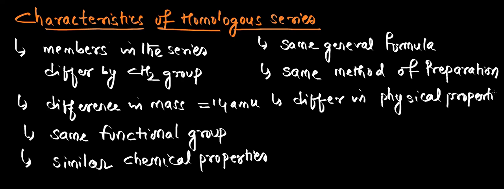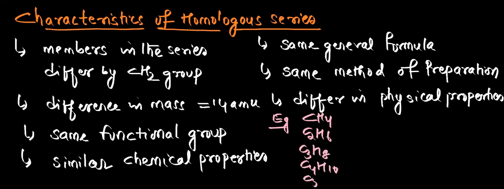Physical properties means what? Like density, volume, melting points, boiling points, which will be different. For example, if I take alkane members, methane, ethane, propane, butane, pentane, I'm just taking 5 members here. If you see the homologues from top to bottom, there is an increase in the number of atoms, isn't it?